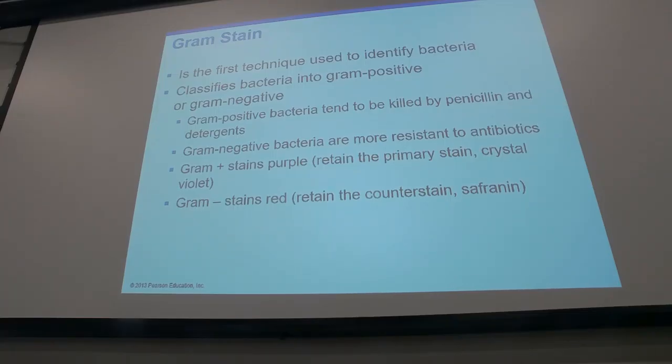Gram-positive bacteria stains purple, while gram-negative bacteria stains red. Gram-positive bacteria tend to be killed by antibiotics like penicillin and also by chemicals that we know as detergents, while gram-negative bacteria is more resistant to antibiotics and detergents.